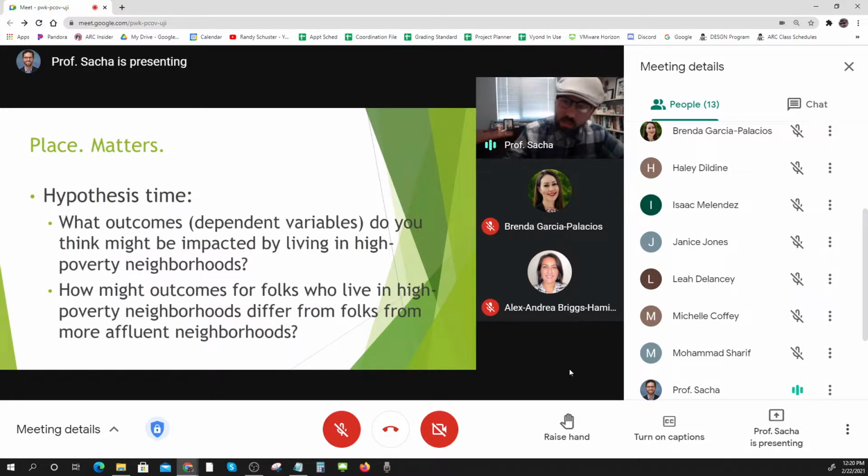Therefore, you get nicer buildings, better tech access, the ability to recruit and retain good faculty members, right? And people in those kinds of school contexts, these highly affluent area contexts, are also going to school with other similarly class positioned peers.